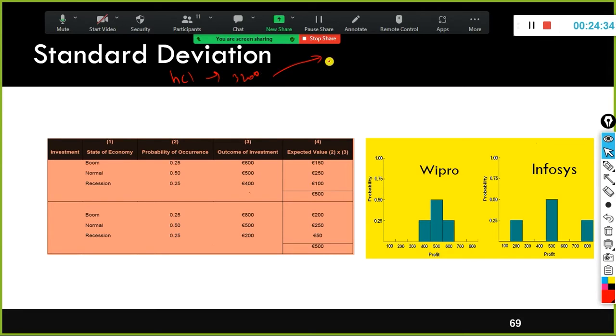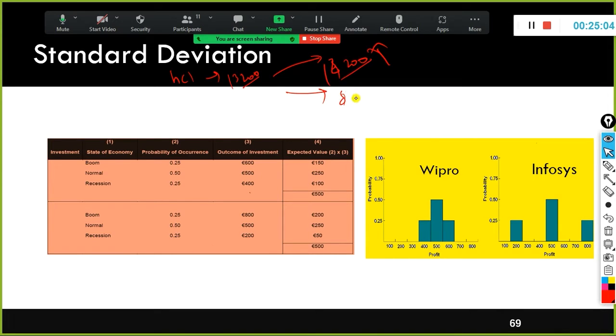After a month, if the share price goes up to, let's say, 4,200, it is good, right? Somebody says, hey, you invest money in HCL, and after a month each share price will go up. But this is the best case scenario. In the worst case scenario, let's say it is 8,200.